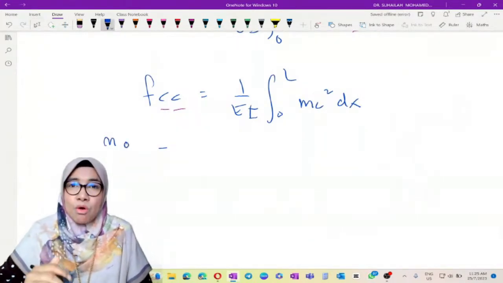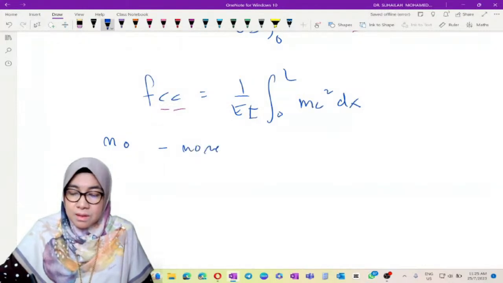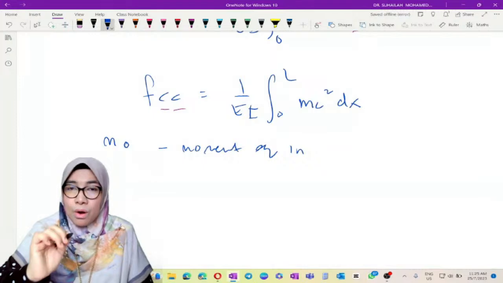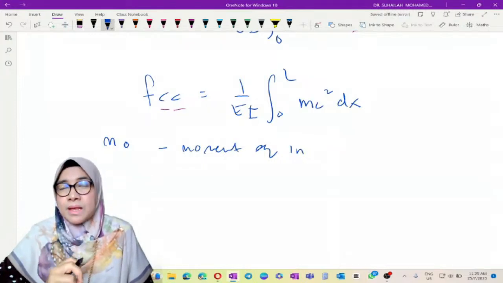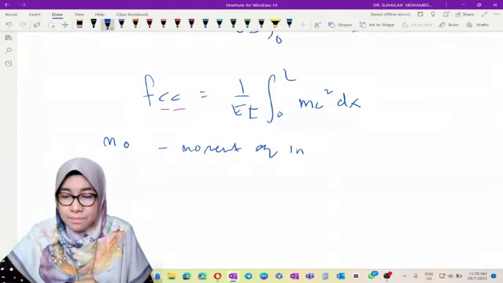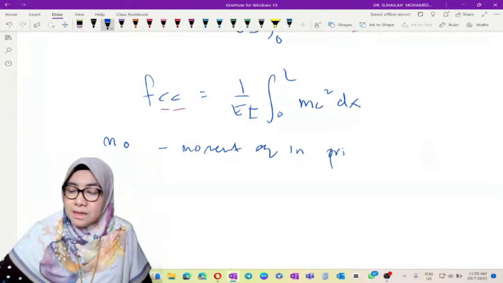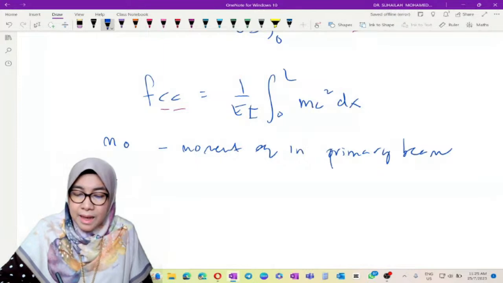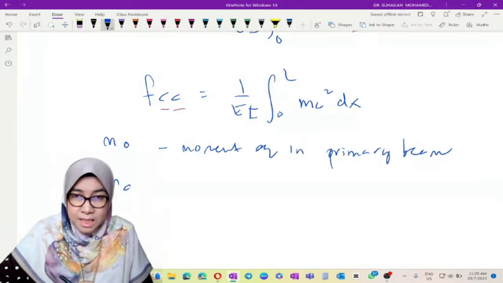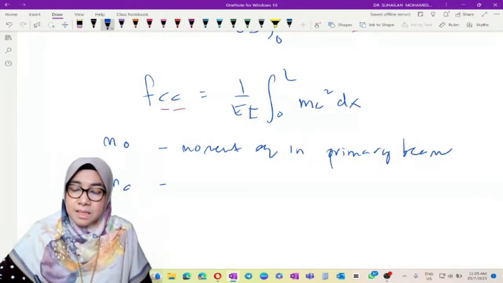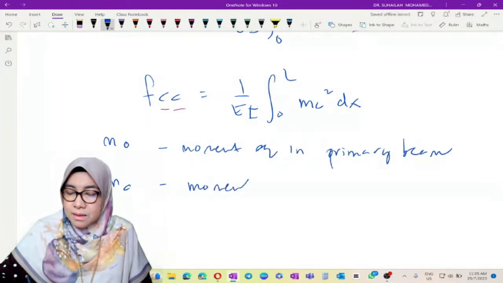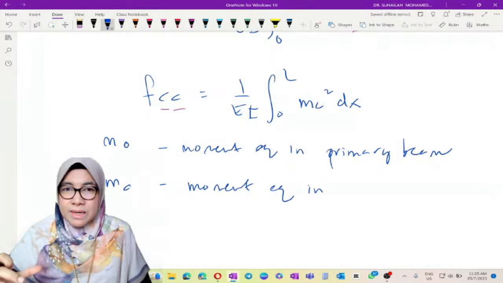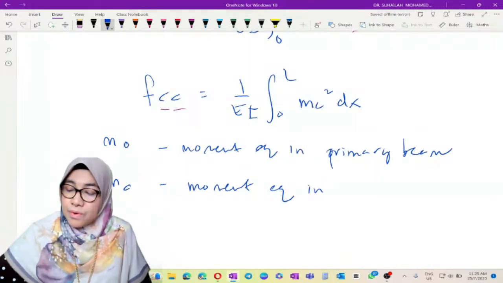M naught is the moment equation in, always remember the naught symbol is for the primary system, in the primary beam. And MC is the moment equation in the redundant beam.